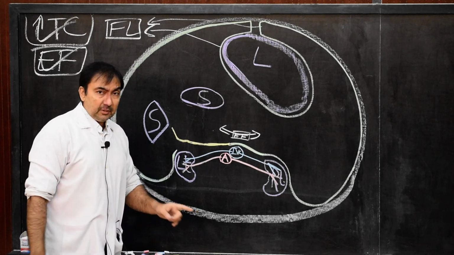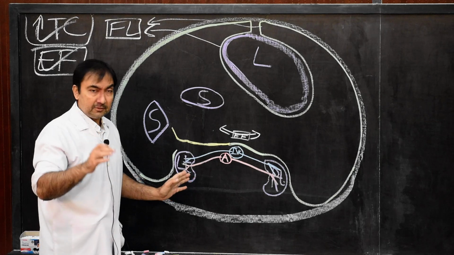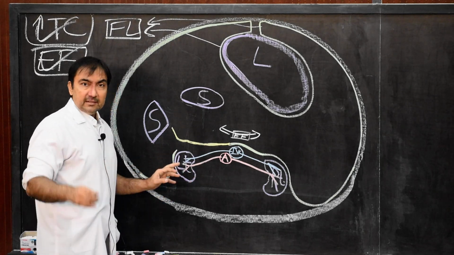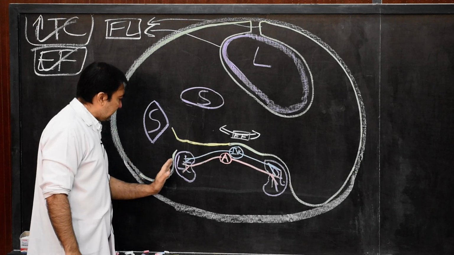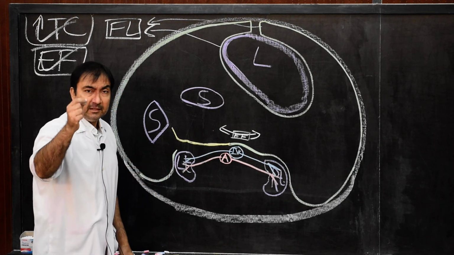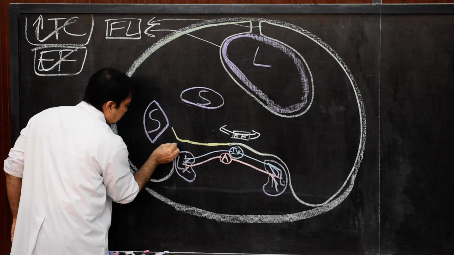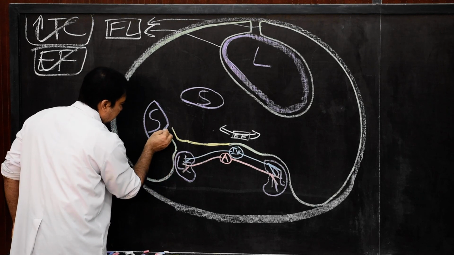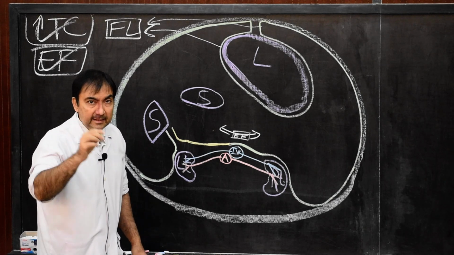After covering the anterolateral surface of the left kidney, remember it is continuous, it is very interesting. Concentrate here, it will be very interesting to understand this and also very important. After covering the anterolateral surface of the left kidney, this layer now will become the posterior layer of the lienorenal ligament.